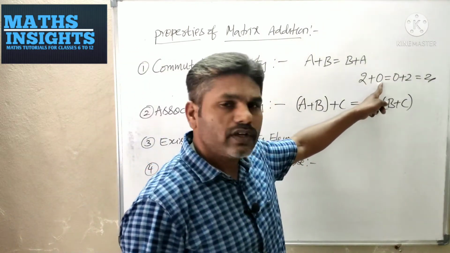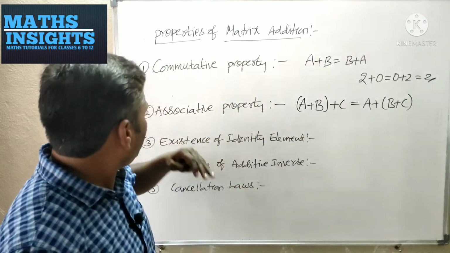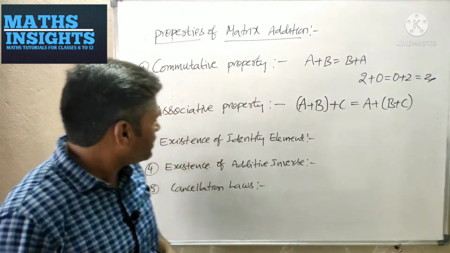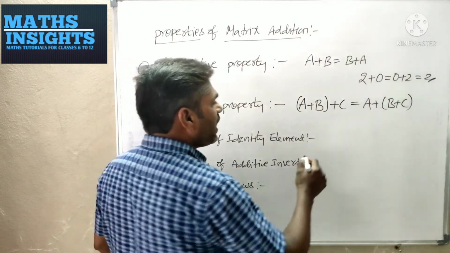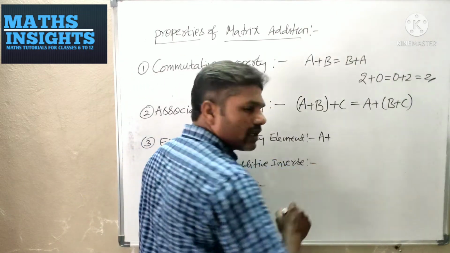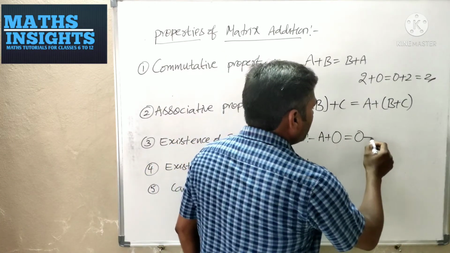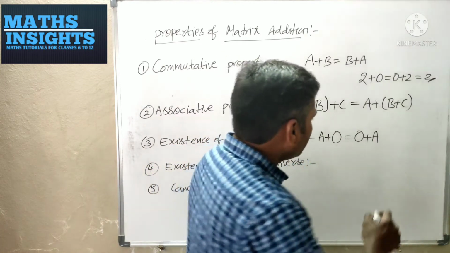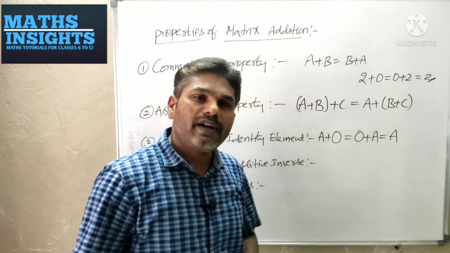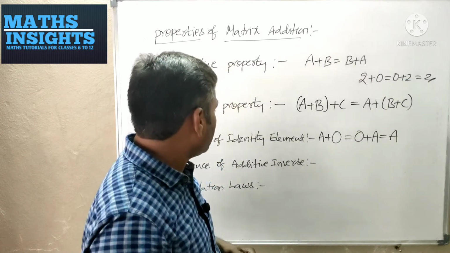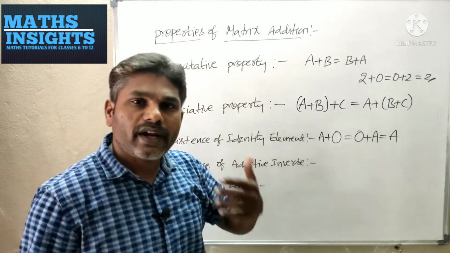Then this 0 is called the identity element under addition. Similarly, in matrices also, there exists a matrix, the null matrix, such that when it is added to a matrix A, you get back A again. Then this null matrix O is called the identity element under addition of matrices.